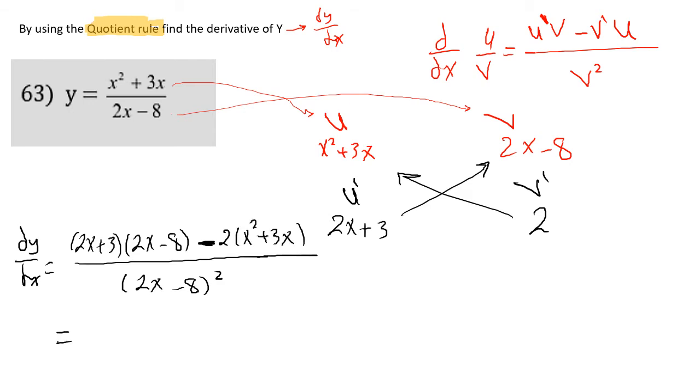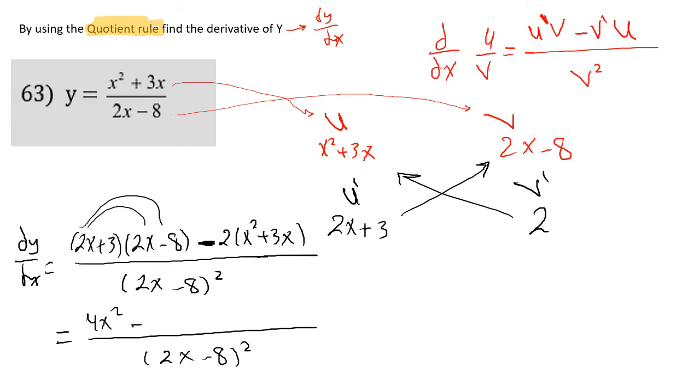Then I'm going to simplify. I don't simplify the denominator, so I don't expand the bracket. 2x by 2x is 4x squared, minus 16x, plus 6x, minus 24. Negative 2x squared, negative 6x.